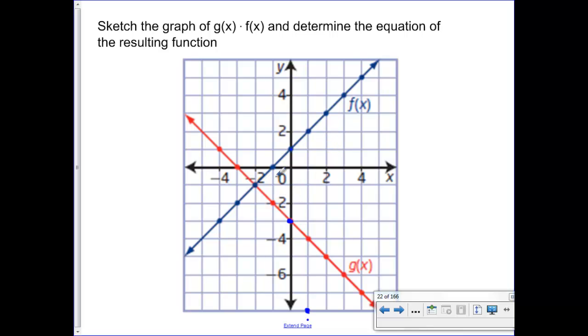Sure, let's go the other way. 0 times -2. Sorry, my bad. 0 times -2 is 0. -1 times -1? Positive 1.